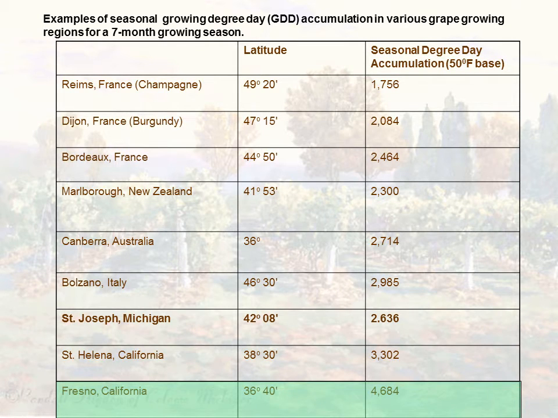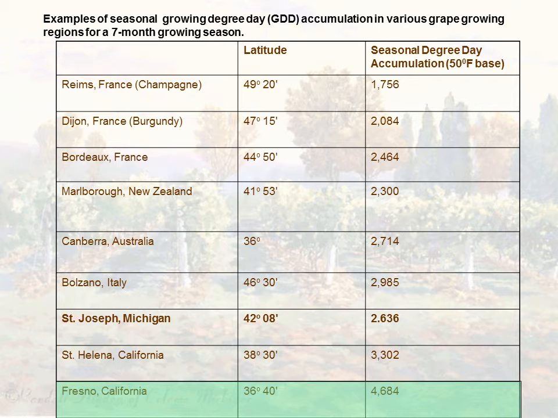At the extreme, we have the Fresno, California, or the Central Valley, if you will, of California, represented by Fresno, California. And the degree day accumulation there is 4,684.